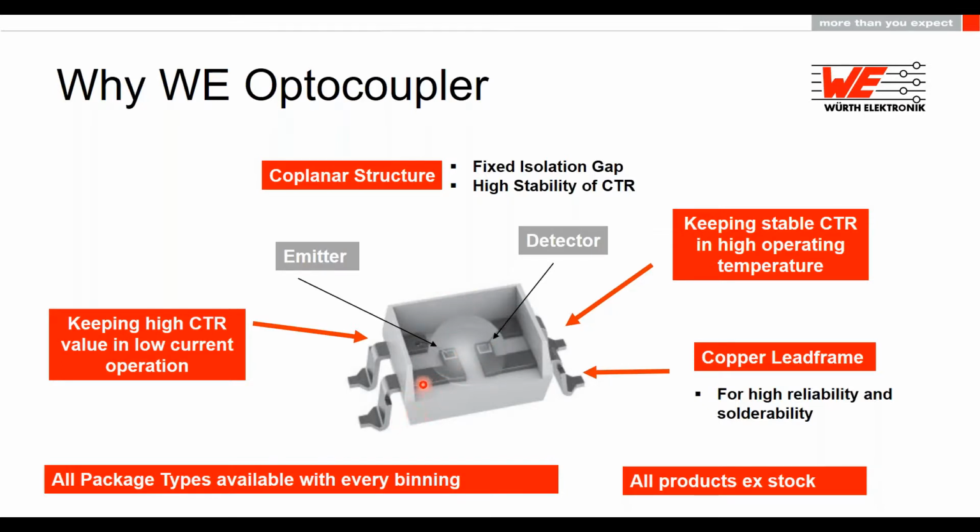So what is the advantage of the coplanar structure? As you can see in this picture, we have a fixed isolation gap. This gap is really important for the isolation voltage and to have a stable CTR and a stable product. With this structure, you will never get a lower distance between these two parts.